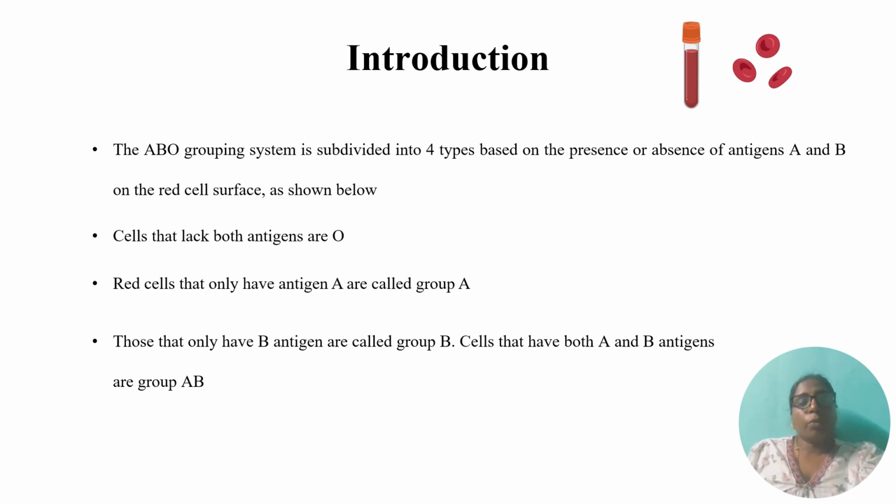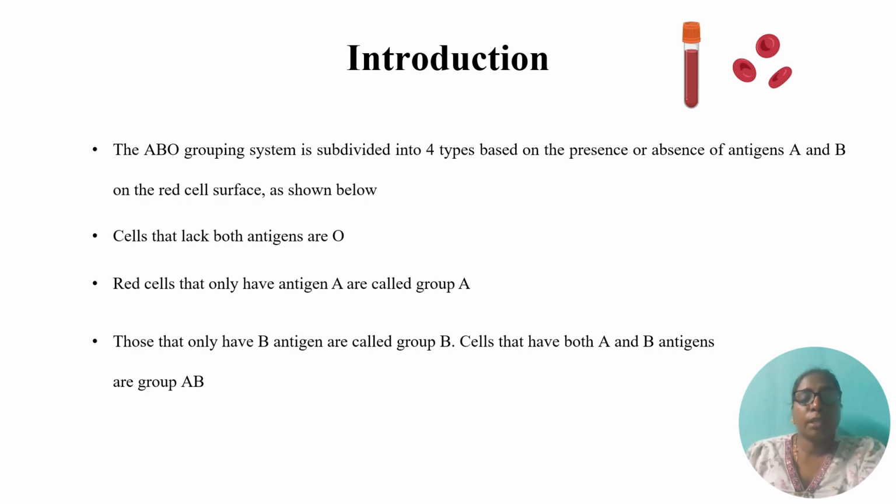And we need to know about the ABO blood grouping system. What are the types distributed over there? This slide is talking about different types of blood groups. The ABO blood group system classifies into four types based on the presence of A and B antigens on the surface of the red blood cells.